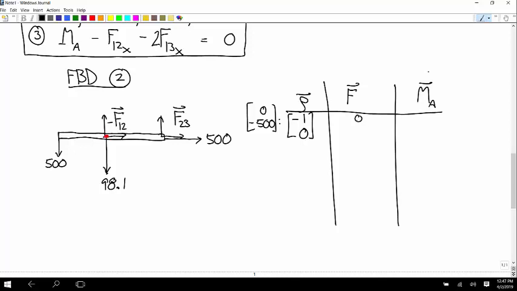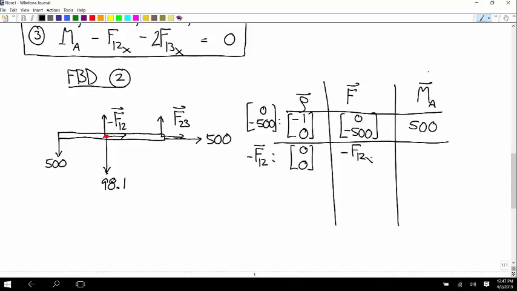The force vector is 0, negative 500. And the cross product is 500. Then the negative F12 force has a row vector of 0, a force of negative F12x, negative F12y, zero cross product.